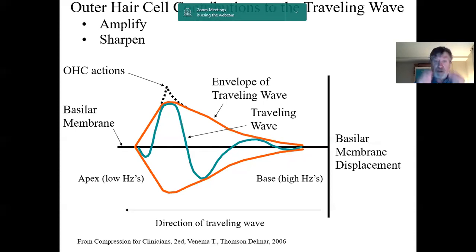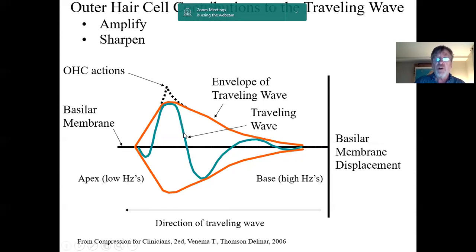Here's another picture of a traveling wave, the blue here, and the envelope of the wave shown in orange, like a kite. As we said before, the steep front always faces the apex or low frequency hair cells. The shallow slope always faces the base. So here would be the footplate of the stapes, let's say, high frequency hair cells, mid frequencies, and low frequencies.